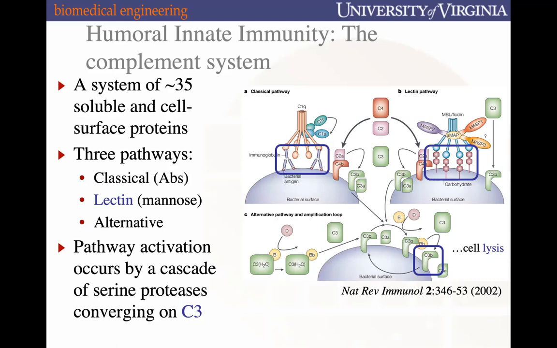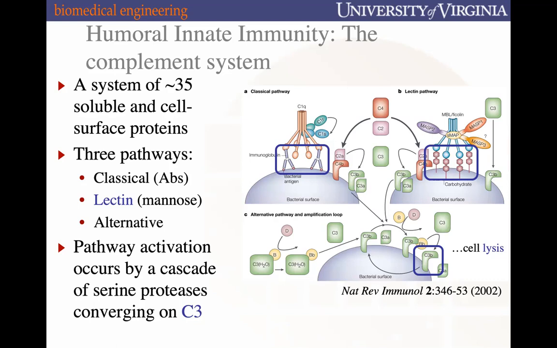So I want to put a virtual asterisk right there. This is one example where there's a distinction between our cells and bacterial cells. Mannose we don't, and our immune system evolved over time to recognize mannose. So we have mannose binding lectin that binds to the mannose on the surface, and that will have other proteins that make this large structure.